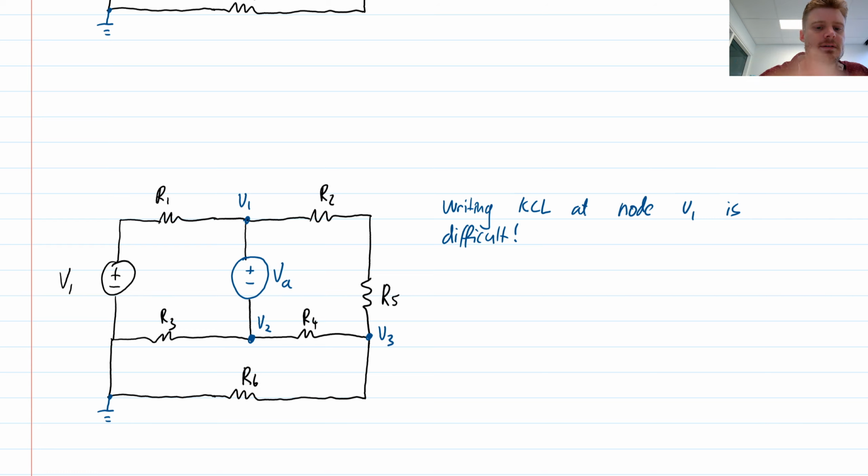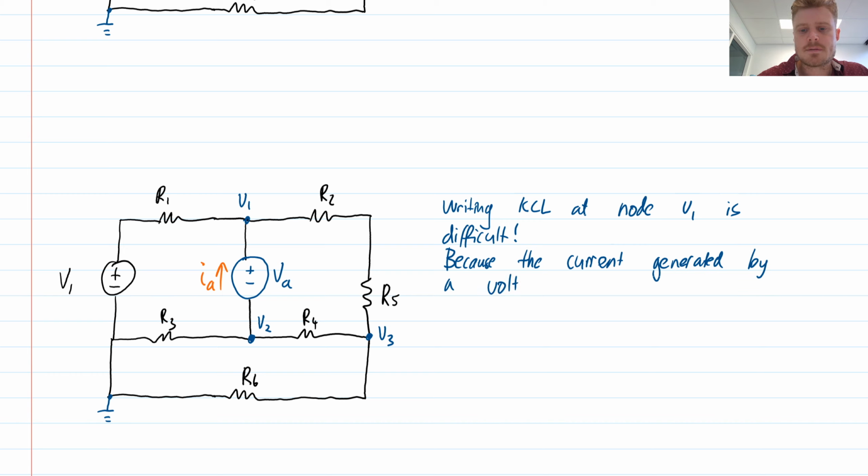It's because the current, let's call it IA, generated by a voltage source is not obvious, right? You have to actually do all the circuit analysis to figure out what that current is going to be. So we can't just write down an expression for it in one step.